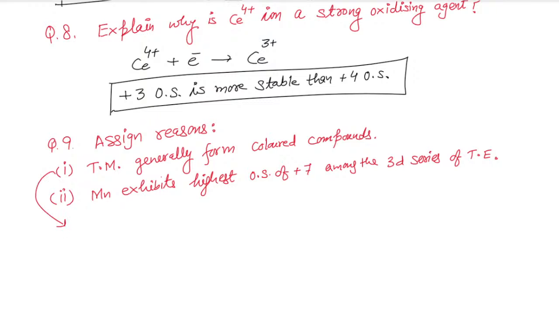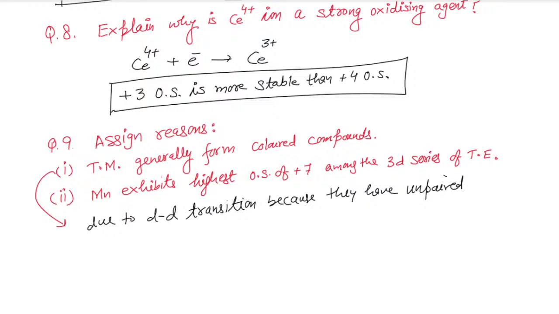So transition metals generally form colored compounds due to d-d transition because generally they have unpaired d electrons.